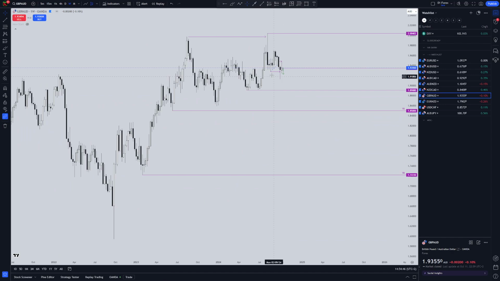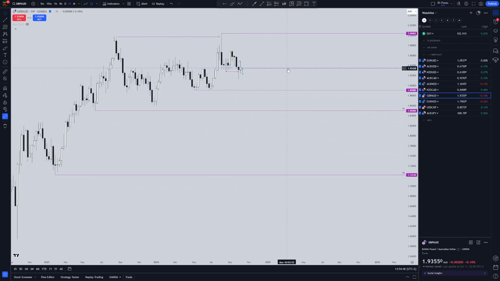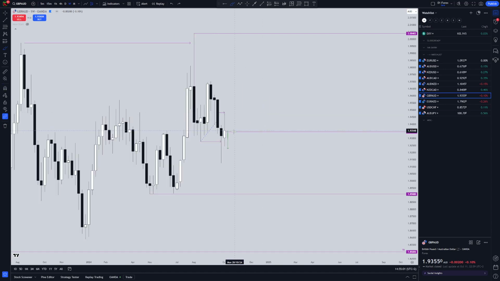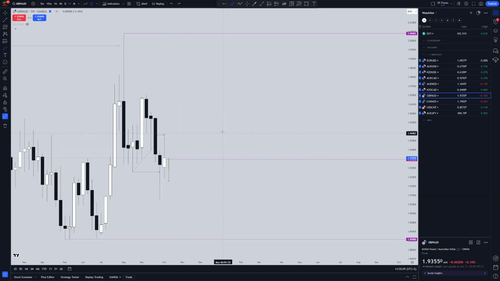We had this on watch a few times already, and we're looking for a continuation short. However, we were slightly neutral after the week before, which ended on this very, very strong bearish week, and then we now have a bullish week, a bearish week in a bullish week, kind of, right?